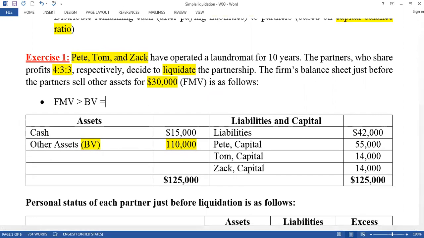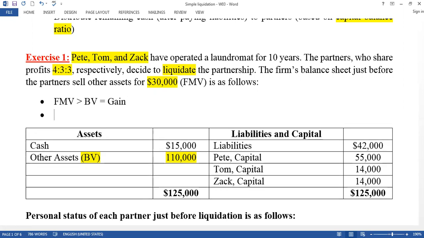So if fair market value is higher and book value is lower, it means that we have a gain, right? But if fair market value is lower than the book value, that means that we have a loss, right? So this is the formula to recognize gain or loss.